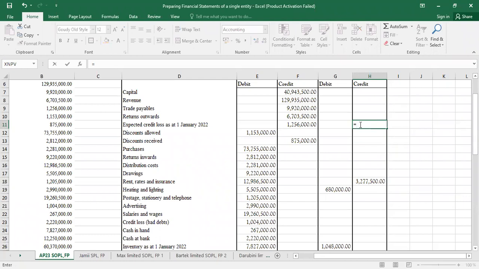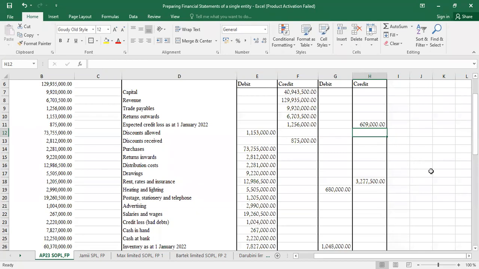So it was 1865,123 minus the 12,609. That is an increase in the allowance for doubtful debts. For the journal entry, you credit the allowance for doubtful debts account and you debit the bad debts account.